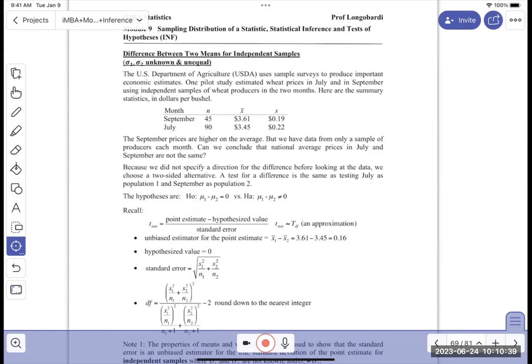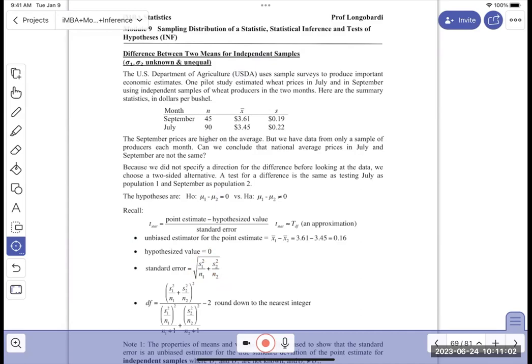This comes from the rules of means and variances, right? To combine them, and assuming they're independent, I don't have to have that covariance term. So it's a combined sample, a combined variable or joint distribution.